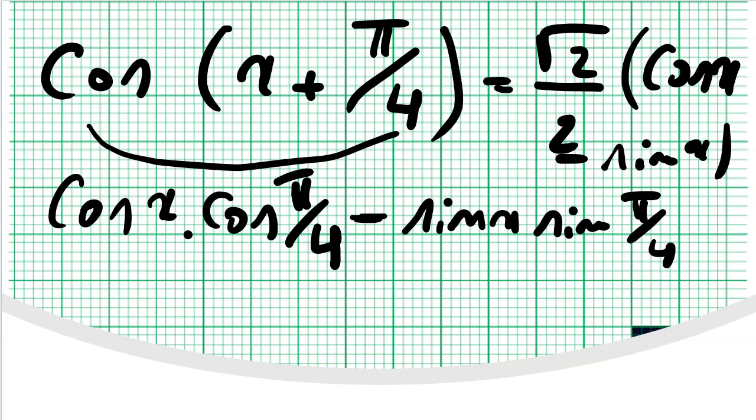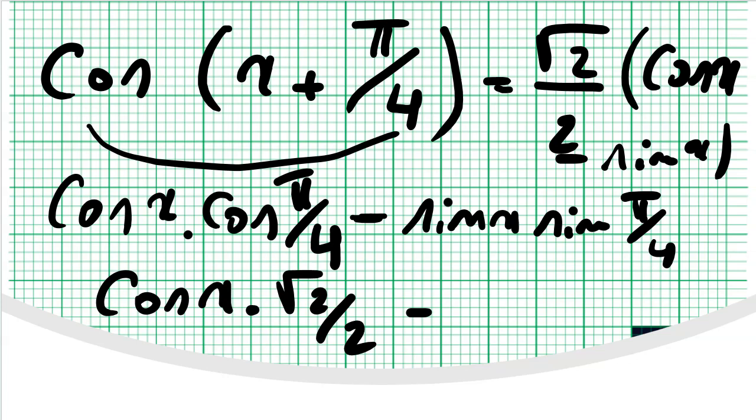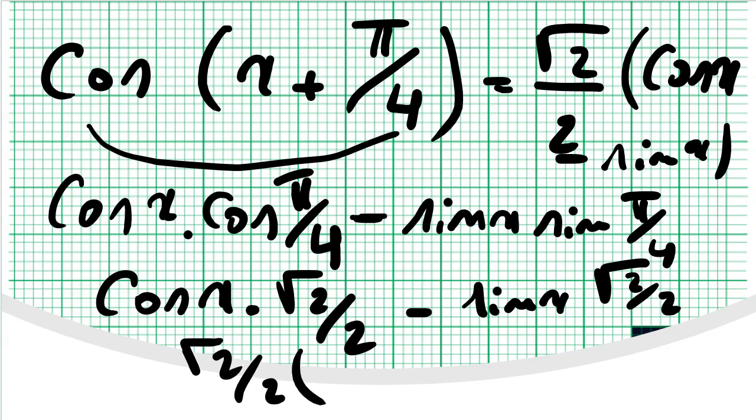It's the square root of 2 divided by 2. So this is cosine of x times square root of 2 divided by 2 minus sine of x times square root of 2 divided by 2, because the sine of 45 degrees is also square root of 2 divided by 2. So you take square root of 2 divided by 2 as a common factor, and then you do cosine x minus sine x. So they do follow an identity, which is the compound angle identity, okay?